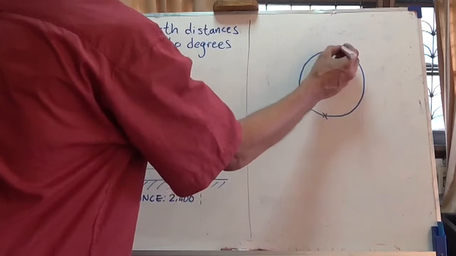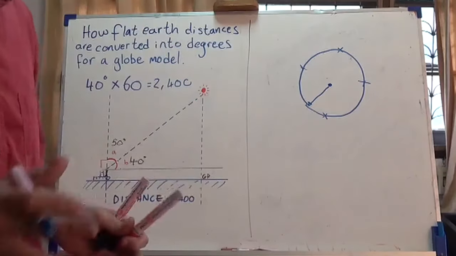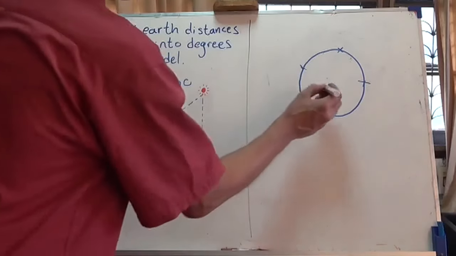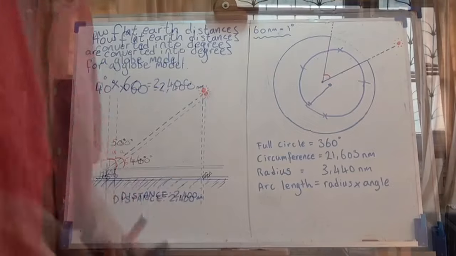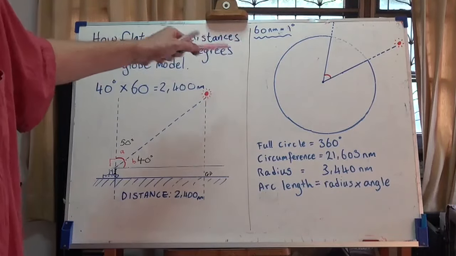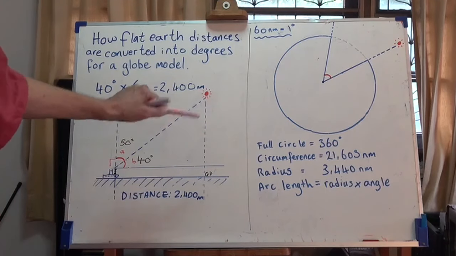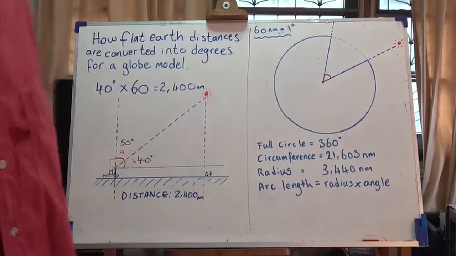Okay, so we could be here, we could be here, we could be here. That all comes down to longitude and other things, but for now we're just focusing on the distance. So over here now we can see how the distance that we measured by the angle on the flat Earth is converted into this globe model.